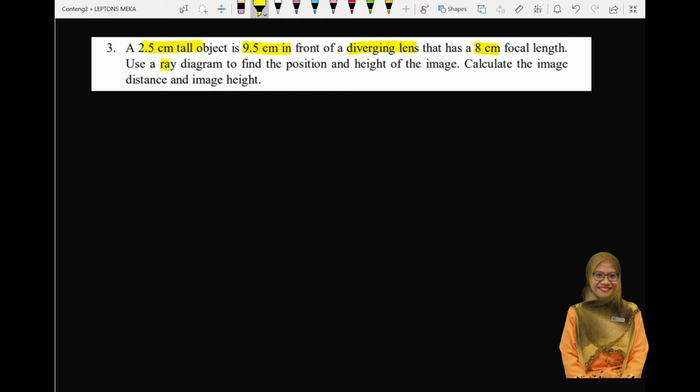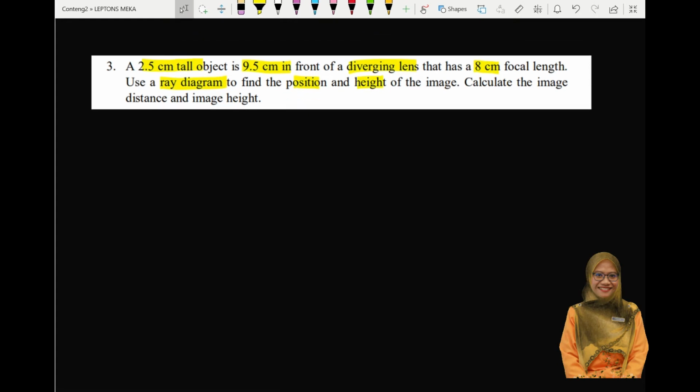Use a ray diagram to find the position and height. So you need to sketch your ray diagram to identify the location of the image formed. Then you need to calculate the image distance and height of image.